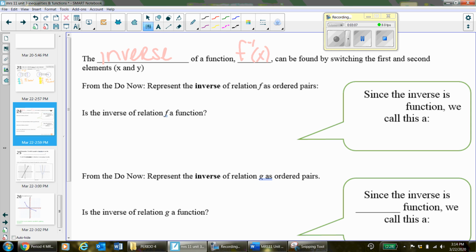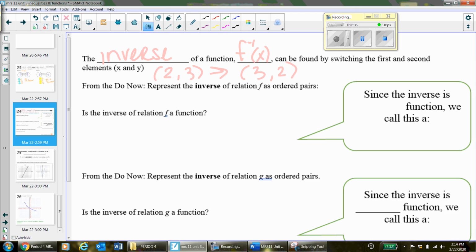It's just so we can identify which is the function, which would be f, and which is the inverse of that function, which would be f^-1. They can be found by switching the first and second elements, x and y. If I gave you the coordinate points 2, 3, the inverse would be 3, 2. That's all it's telling us: to switch the x and y.